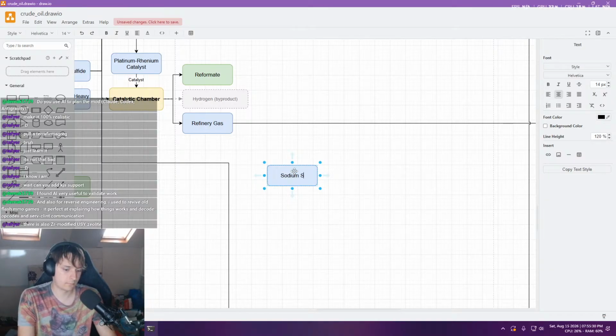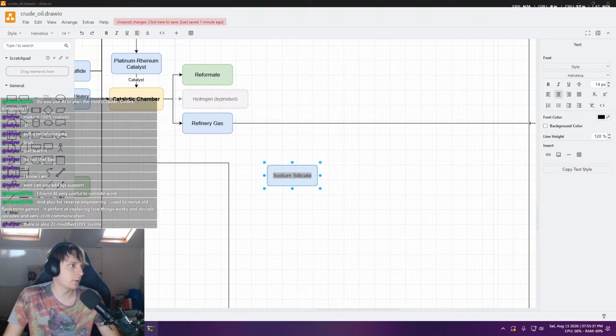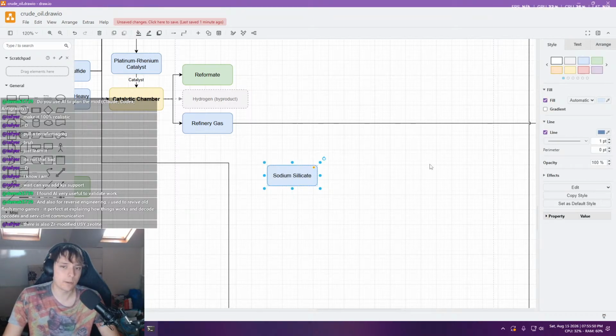sodium silicate is basically the starting point. Now, sodium silicate has other names, but more importantly is not really the first step. Well, it is the first step, but we haven't considered how to make sodium silicate.